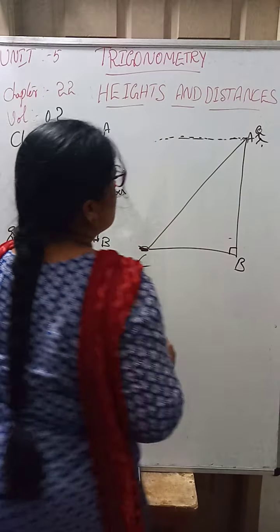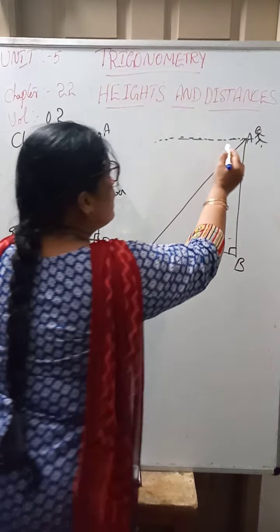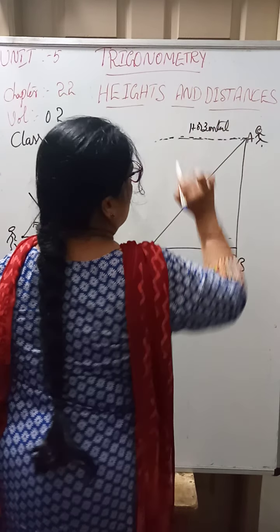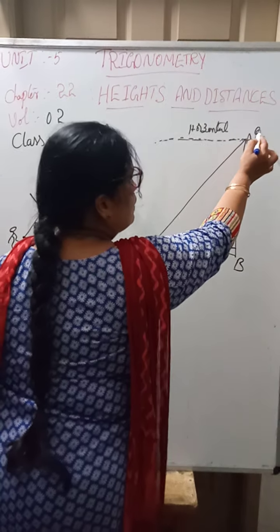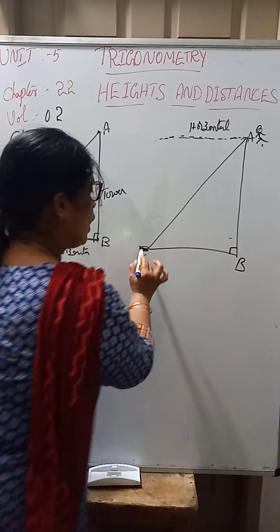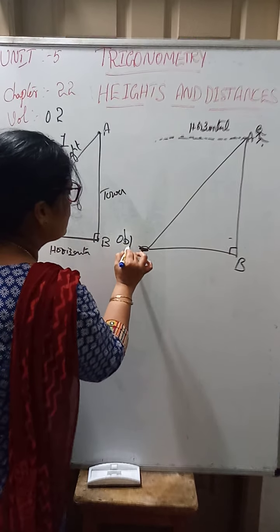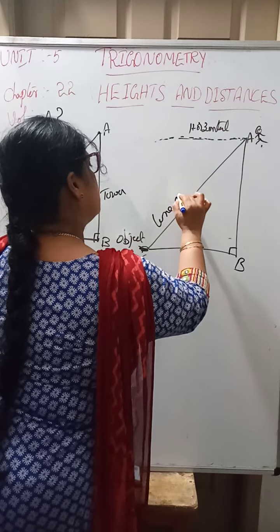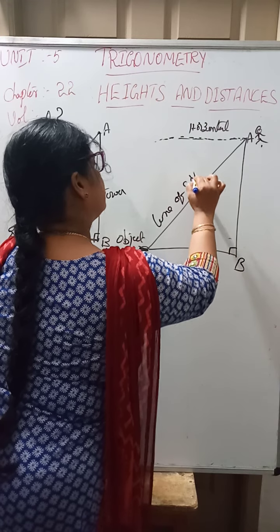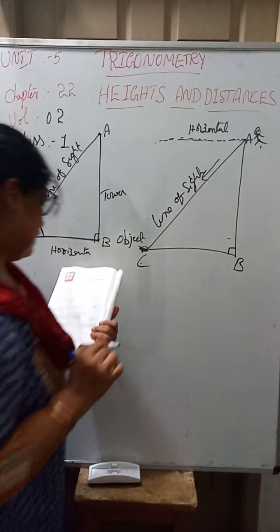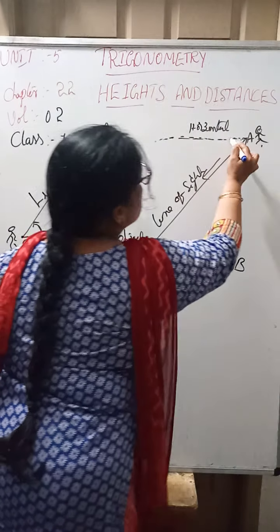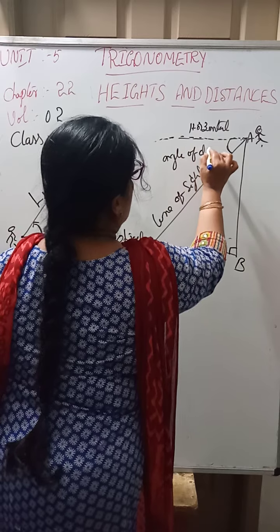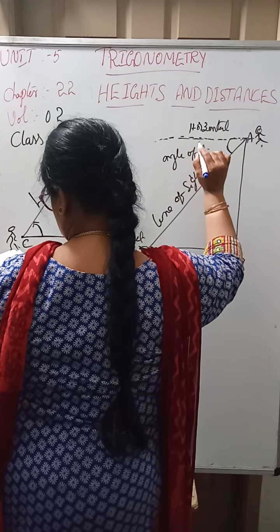This is the horizontal line. Now the angle between this horizontal line and the line of sight, as the man at A is observing the object at C, this is the line of sight. Now the angle situated here is the angle of depression.